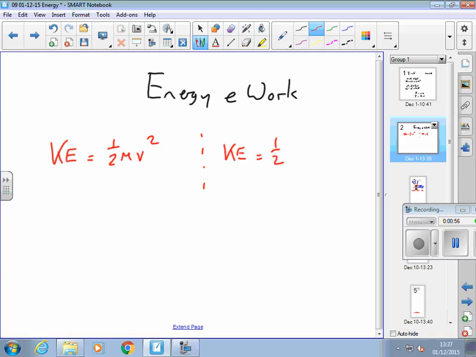Instead of mass, moment of inertia, and omega squared, the angular velocity. So something moving with an angular velocity omega, we could work out what the kinetic energy is using that formula.